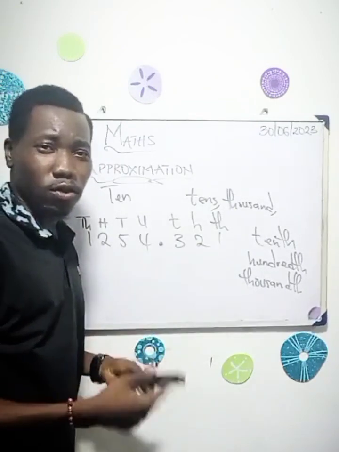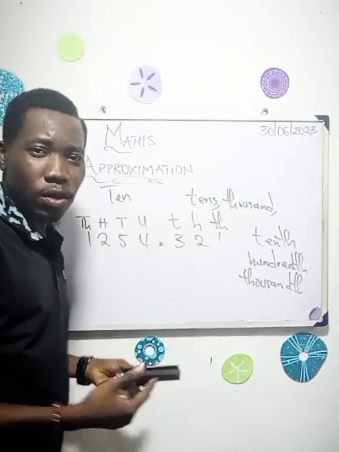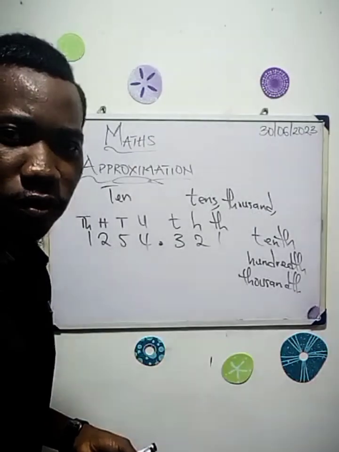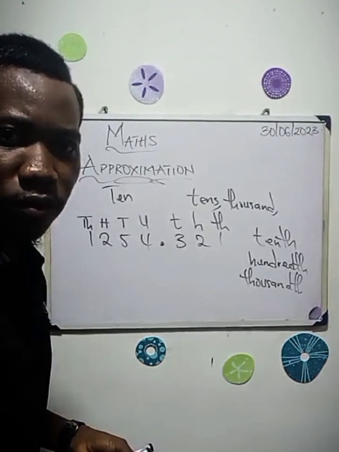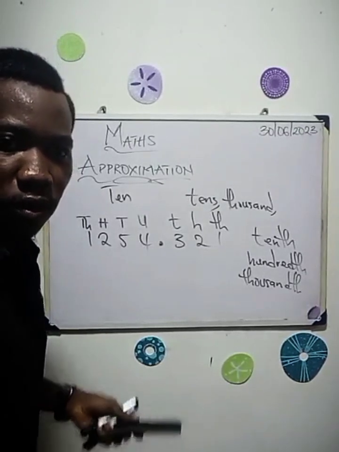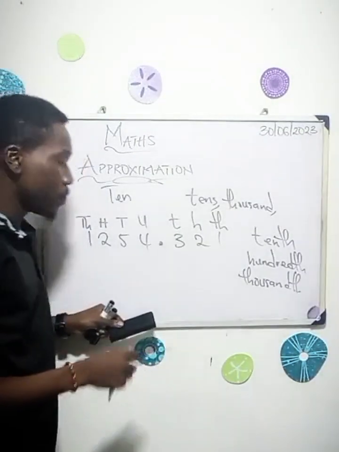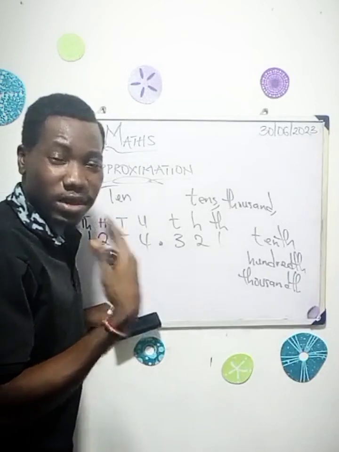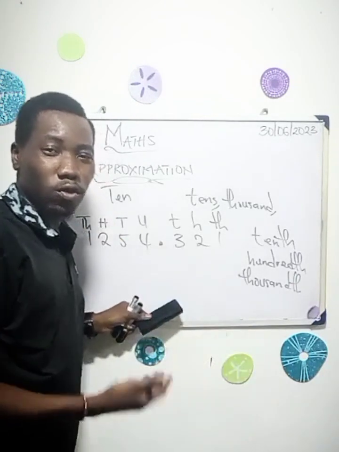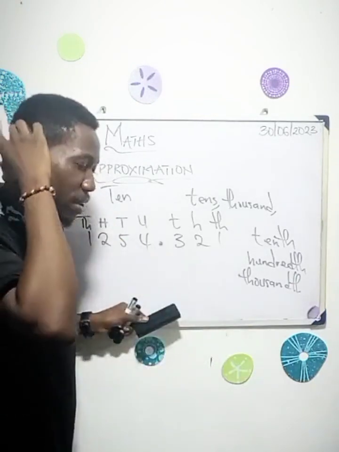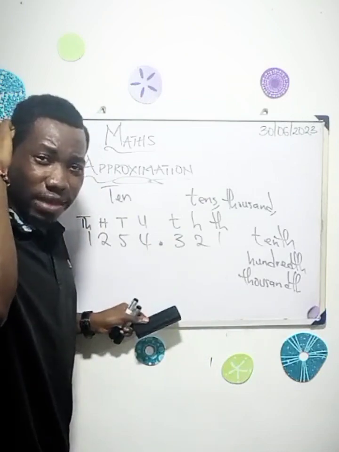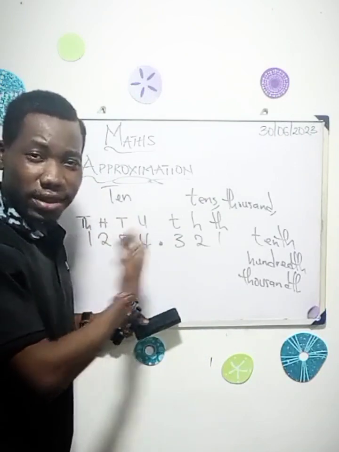Now, what if you are told to approximate to the nearest whole number? Yes, it's part of what I'm going to make mention of. What does that mean? The nearest whole number simply means the last whole number, that's the whole number before the decimal point.